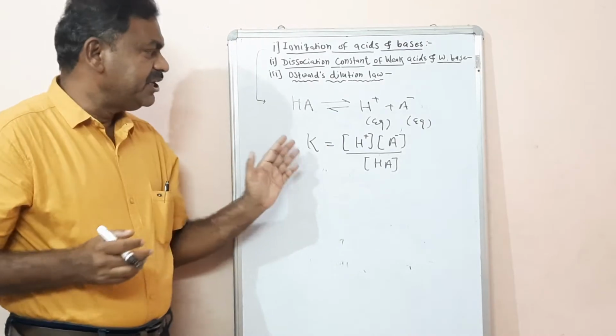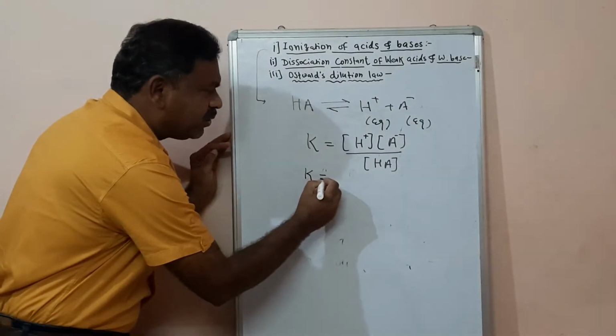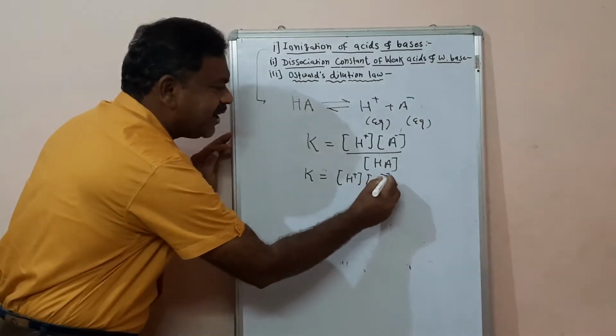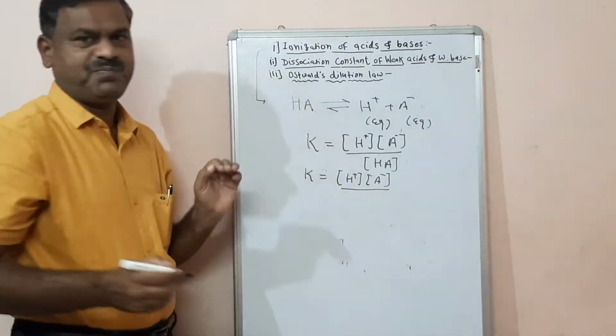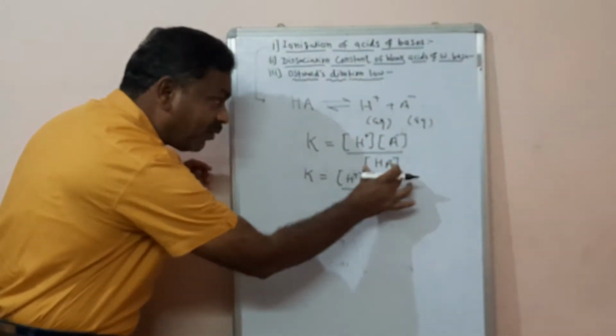Now here in this reaction, K is equal to the H plus ions times A minus ions divided by HA, the molar concentration.